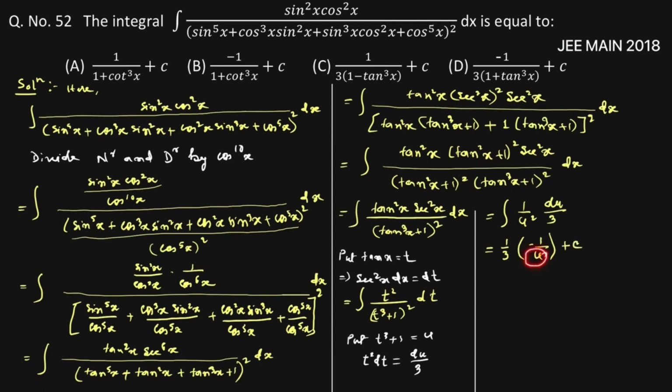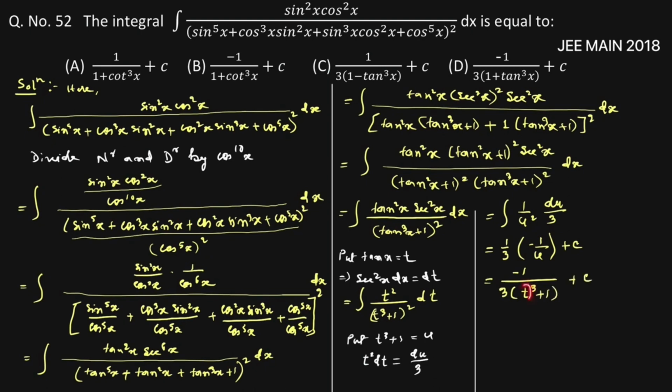So in the place of u we write tan cube plus 1, which is equal to minus 1 divided by 3 times t cube plus 1 plus c.